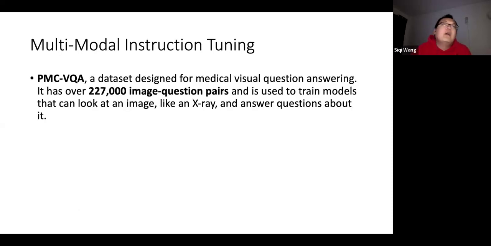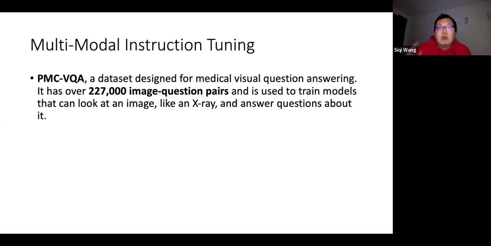We have mostly focused on text-based models so far, but instruction tuning isn't limited to just text. We also have multimodal models, which can handle multiple types of input, like images, pictures, or even video. Take PMC-VQA, a dataset designed for medical visual question answering.